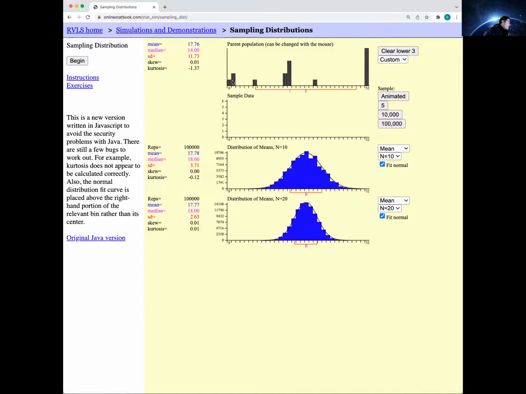As you can see, even though the population has this crazy shape, I don't even know what you call it, I don't know if there's actually a word to describe it, even though it's some weird, strange shape, when we calculate the sample means from sample size 10 and sample size 20, their shape pretty much starts to become normal. And these samples are only of size 10, and this one's only of size 20.